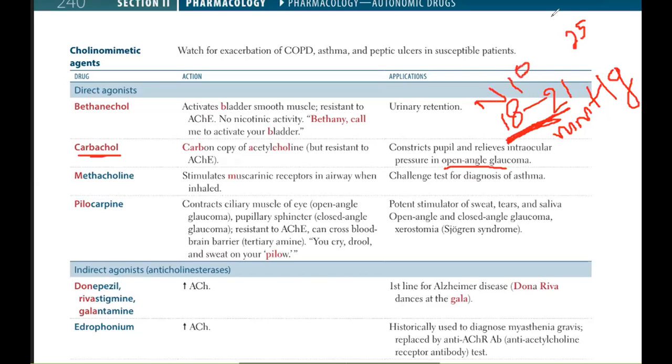In open angle glaucoma, it rises. So in order to release this pressure, we give carbachol. Remember, open angle with carbachol.